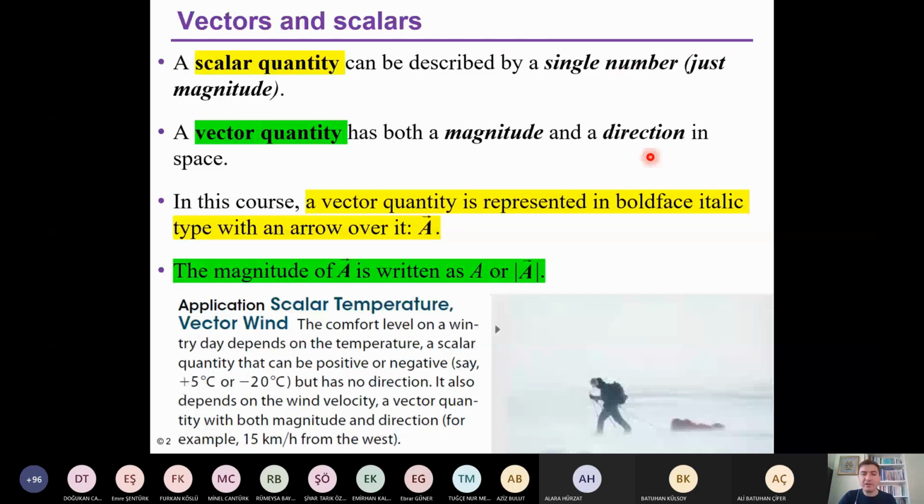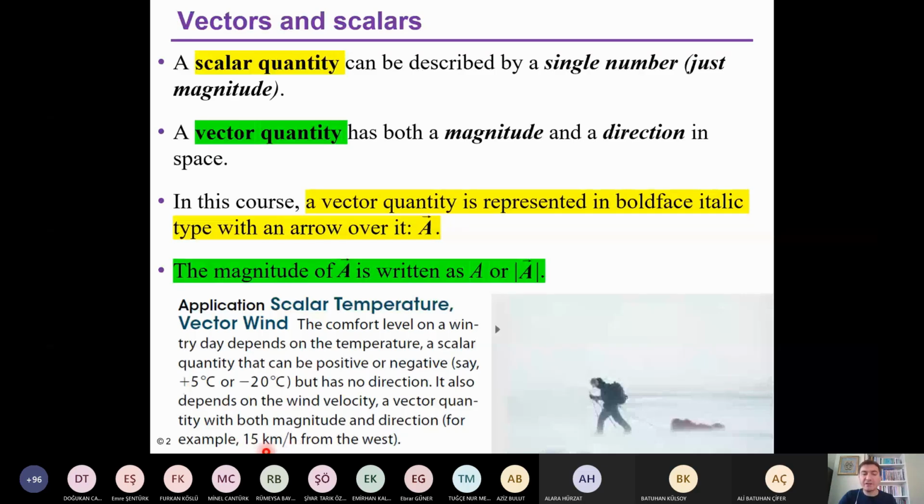Again, let's have a look at an example. This guy is walking on a wintry day, okay? The outside temperature is, let's say, minus 20 degrees Celsius, and this temperature is scalar, and there is a wind in that direction, okay? So the magnitude of the wind is written here, 15 kilometers per hour.